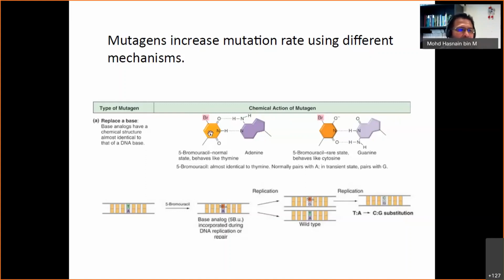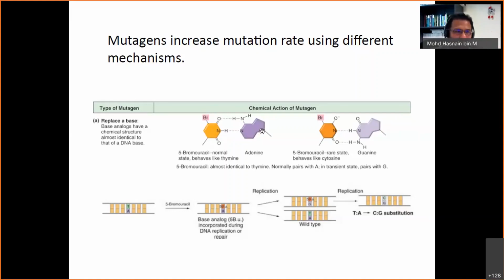If bromouracil behaves like a thymine, in the nucleotide it will pair with adenine. So adenine, when it pairs next round, pairs with bromouracil, and then in the other round of replication, it will always pair with adenine. So there's no change, right?